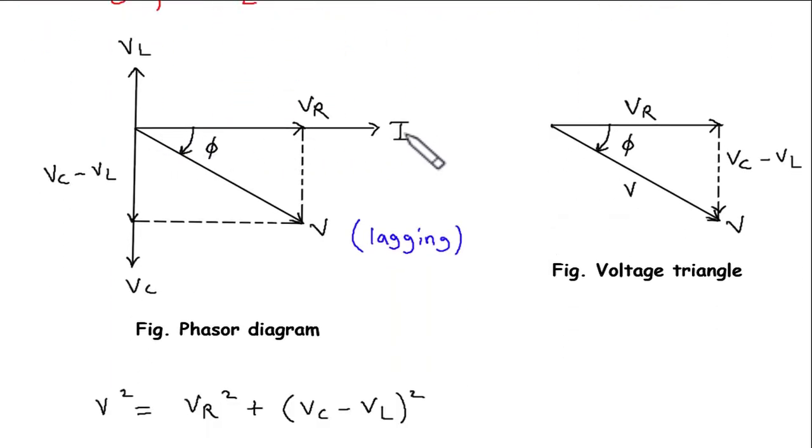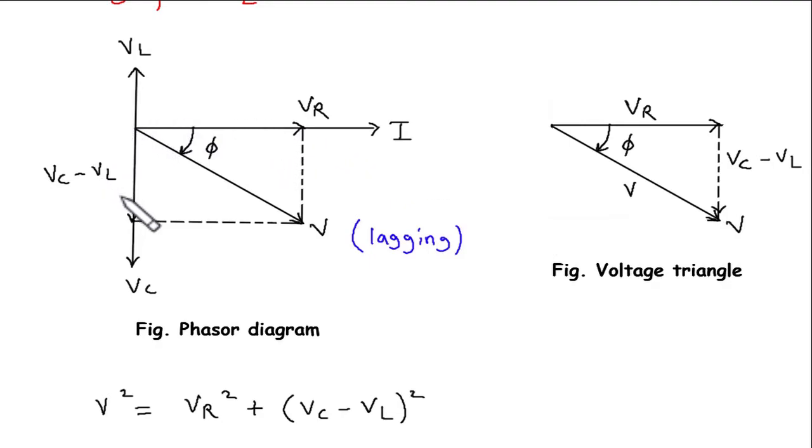Now we have taken this current I as the reference. Now this VL is smaller as compared to VC, so this will be VC minus VL, and this will be phase angle phi. So the resultant voltage will be like this. It is lagging this current I.